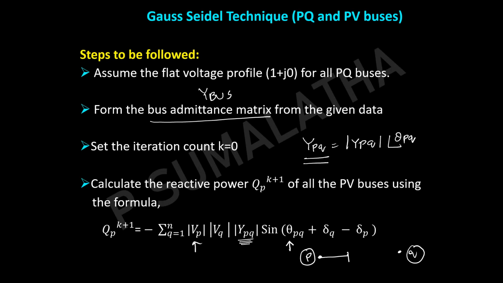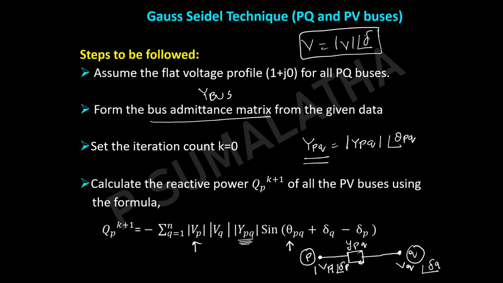Now you can say this admittance which is connected between these two will be Y_pq, and the voltage at this p bus will be V_p, and the voltage at q is V_q. The same thing you can write as |V_p| at an angle δ_p and V_q at an angle δ_q in terms of magnitude and phase angle.